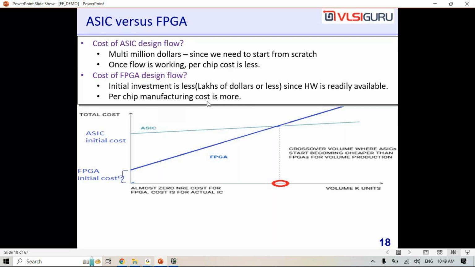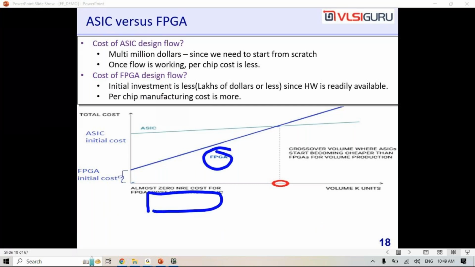So in summary, if you want to manufacture a small number of chips, you go for FPGA because that will be better in terms of cost. If you want to manufacture a lot of chips, then you go for ASIC. That is what this graph shows you.